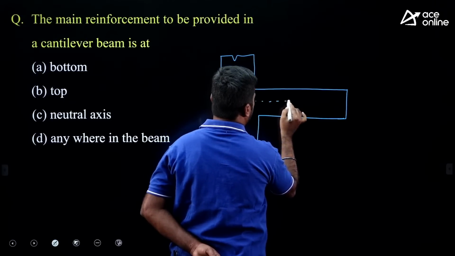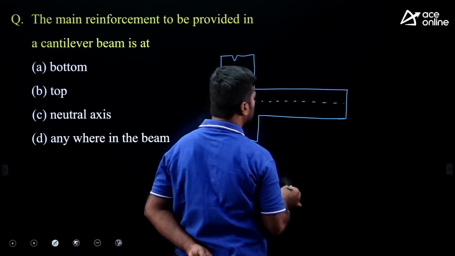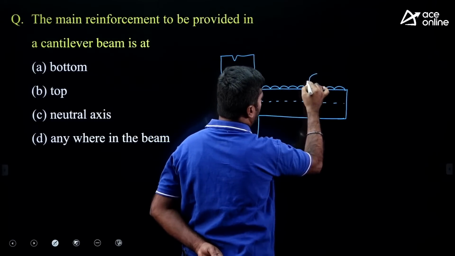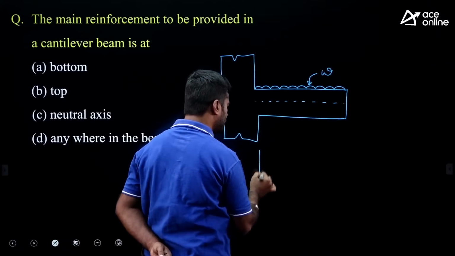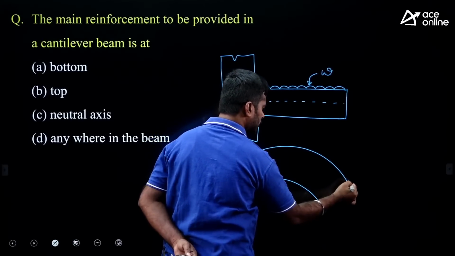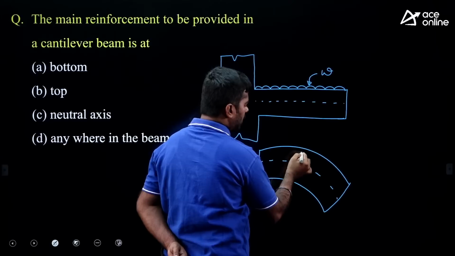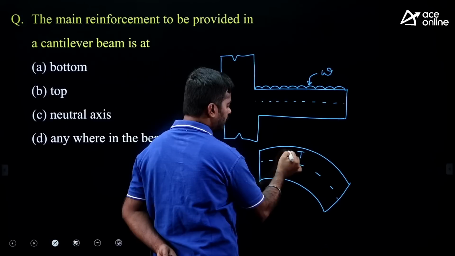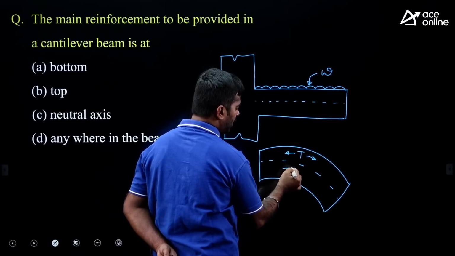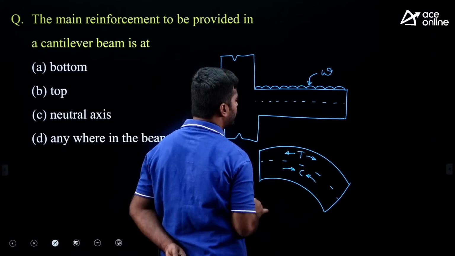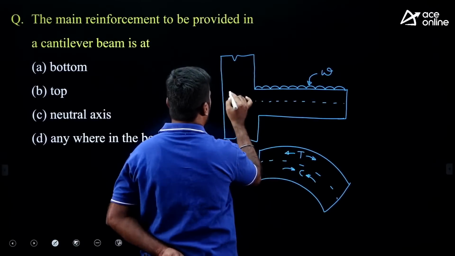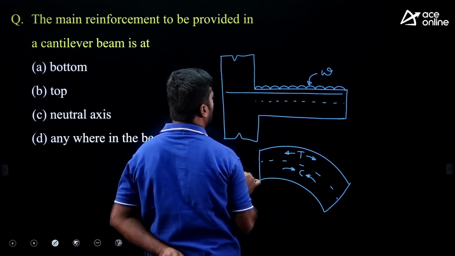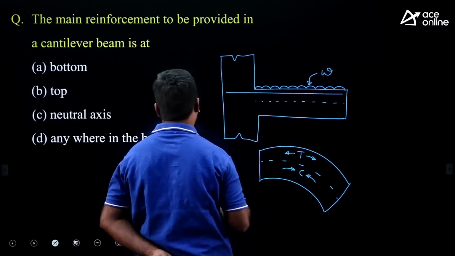This is the longitudinal axis. You know, when we apply load on a cantilever beam, it will undergo hogging curvature. So above the longitudinal axis, tension will develop. Below the longitudinal axis, compression will develop. As concrete is weak in tension, we have to provide main steel in a cantilever beam along the length, at the top.